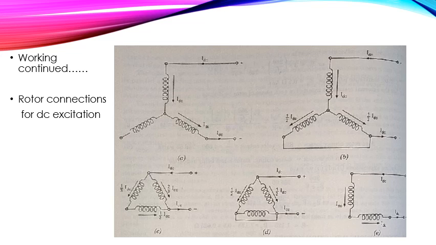So for an ordinary induction motor, the value of magnetizing current is kept as small as possible. Why? To ensure a good power factor, right? So there is a relation between the power factor and magnetizing current.